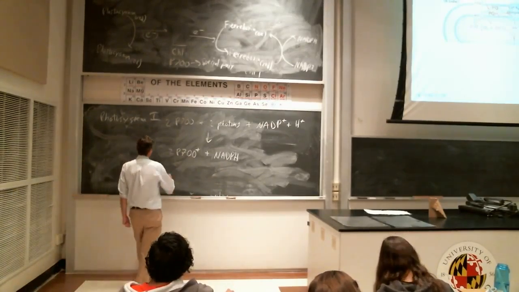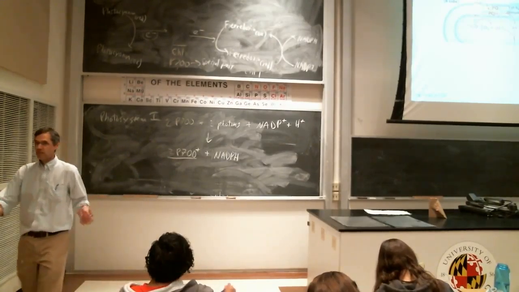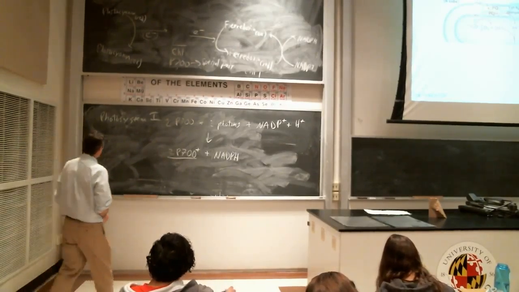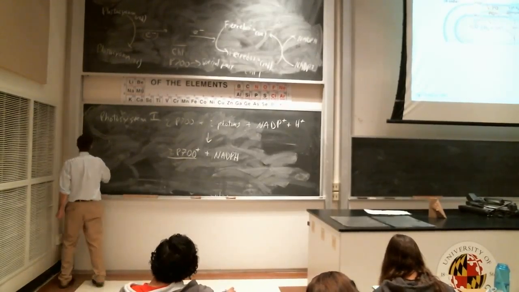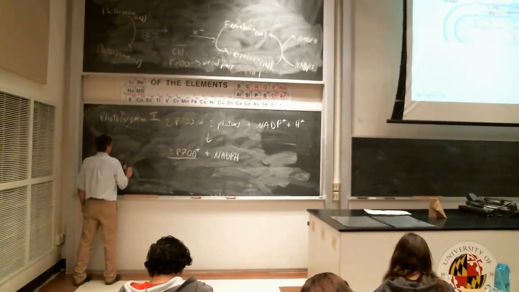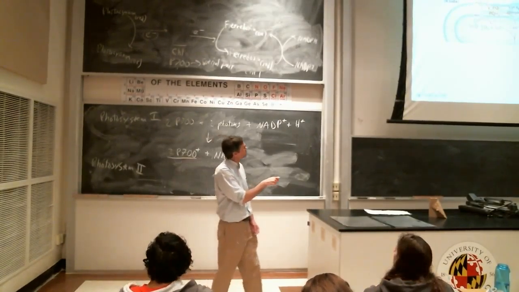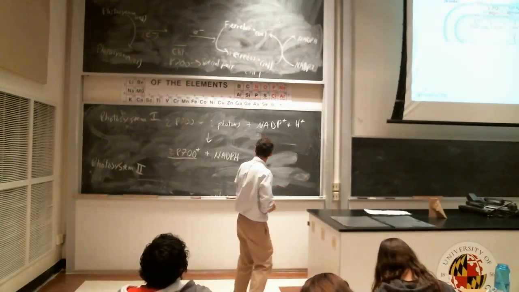We're left behind with the oxidized chlorophyll in photosystem 1. We need to reduce that. This is where photosystem 2 is relevant. So this is the second photosystem in green plants. And that's what's shown in this picture. So there's photosystem 2.